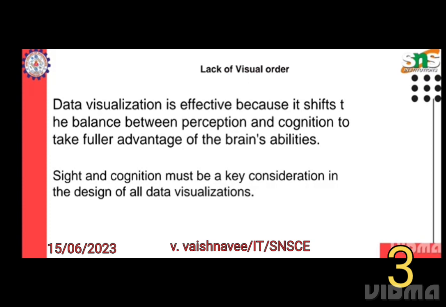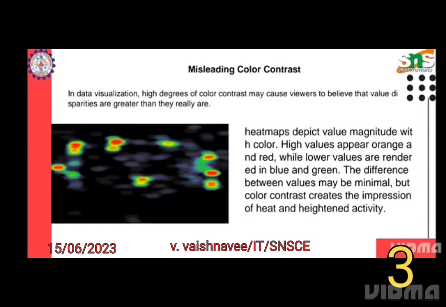In data visualization, high degrees of color contrast may cause viewers to believe that value disparities are greater than they really are. Misleading color contrast is the biggest mistake, which is a lack of visual order. In this heat map, the magnitude of values is shown with color: high values appear orange and red, while lower values are rendered in blue and green.